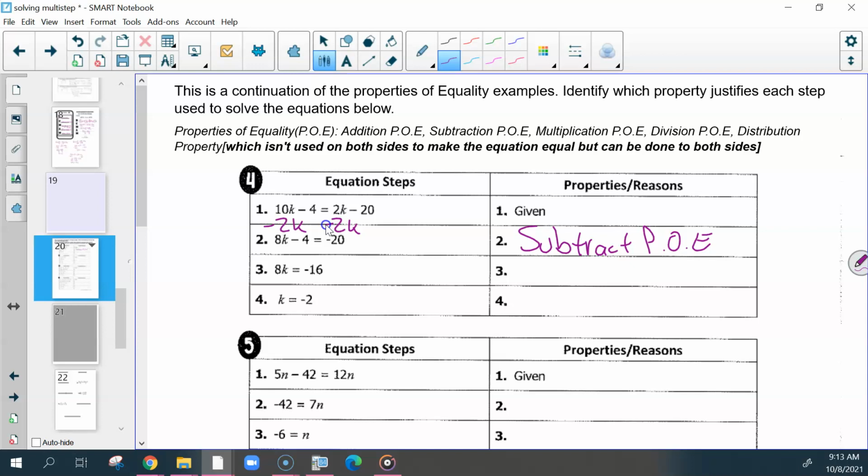And then once they have that variable on the other side, everything else is kind of the same. So from step 2 to step 3, what did they do? They added 4 on both sides.